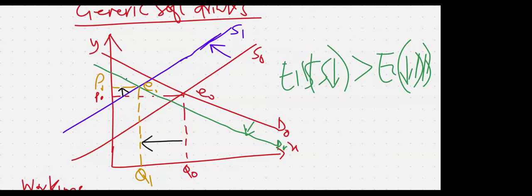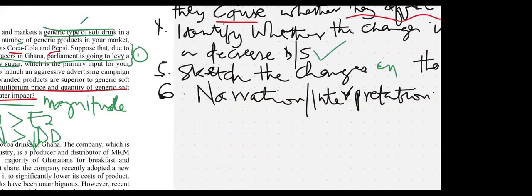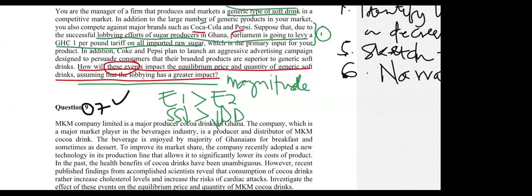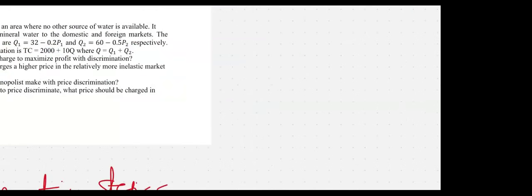So now we come to the requirement. After the analysis of the graph, let's go to the C step. What's the C step saying? Narration or interpretation. The question says, how will this event impact the equilibrium price and quantity of generic soft drinks, assuming that the lobbying has a greater impact? I have analyzed them using graphs. What will be the interpretation?